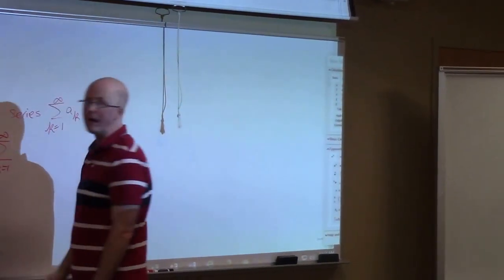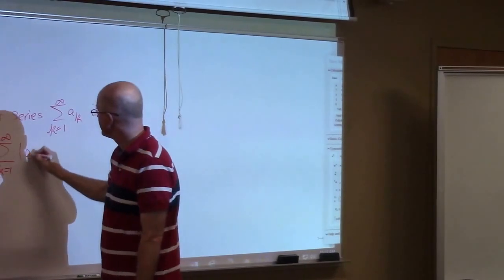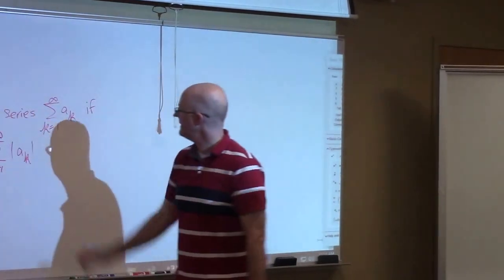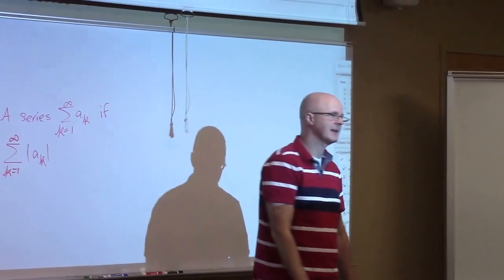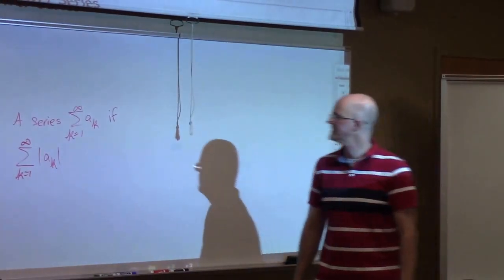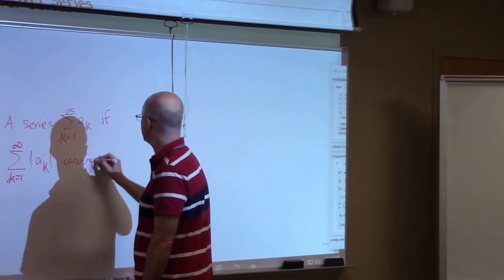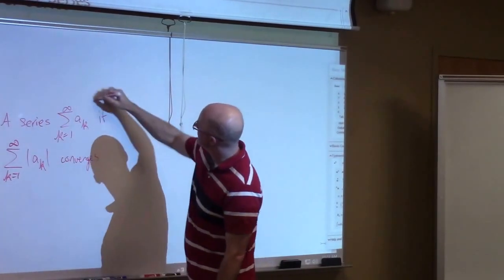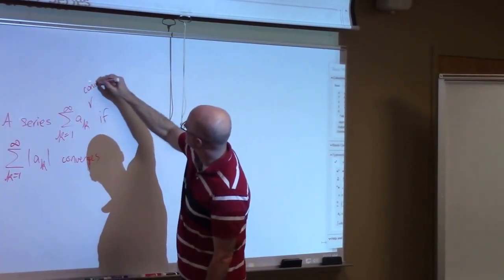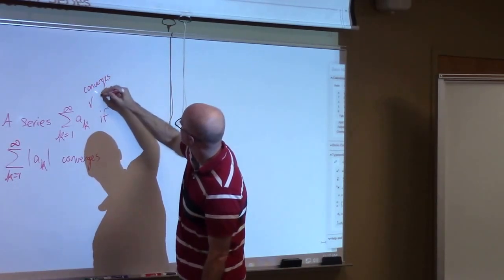These a_k might be negative. If you make them all positive, and consider that corresponding series, if this converges, the series converges absolutely. I didn't state this right. Forgot the most important words there.